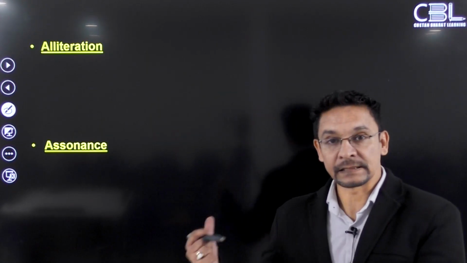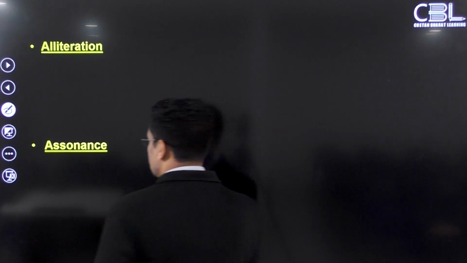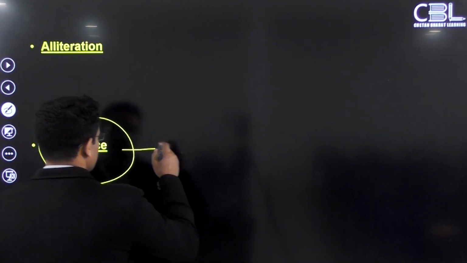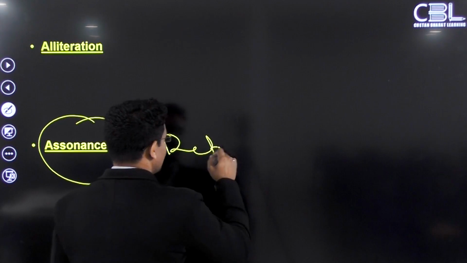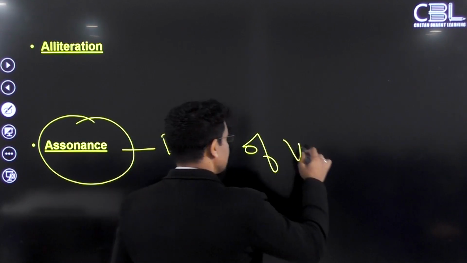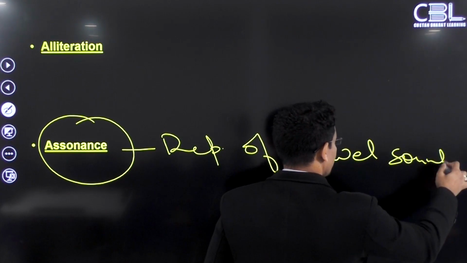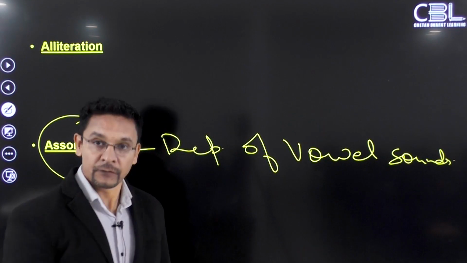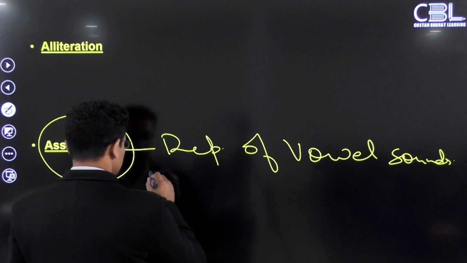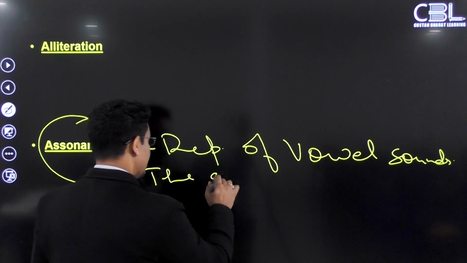Alliteration and assonance. Different. Assonance, repetition of vowel sounds. For example, the great gate was rated.